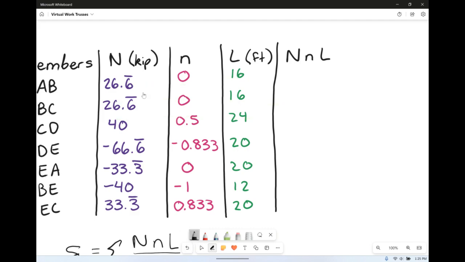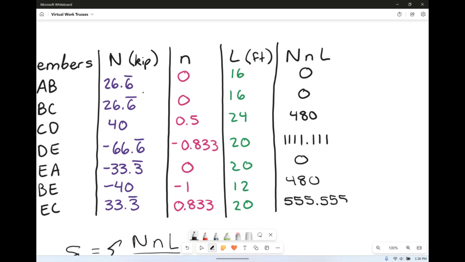So we're going to get 0 and 0, 480, then 1111.111. I don't know how many decimals you want to go out to. We'll carry 3. We have another 0, then another 480, then 3555.555, carried out to 3 decimals.